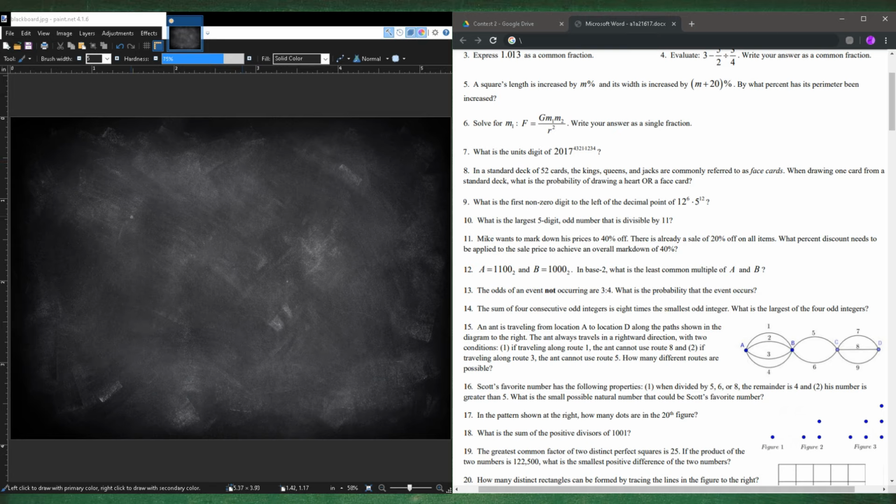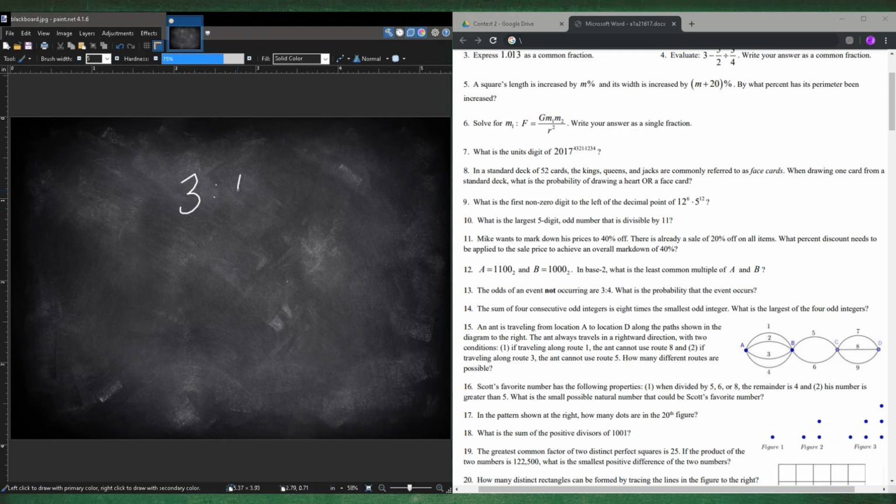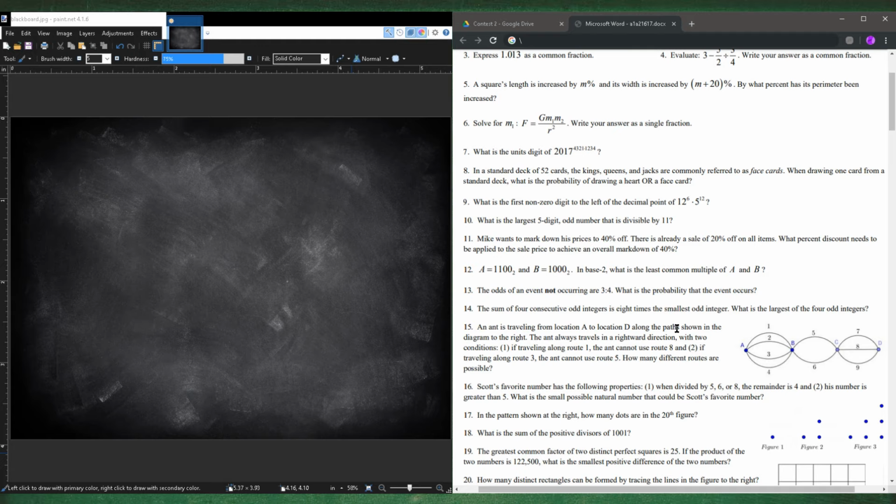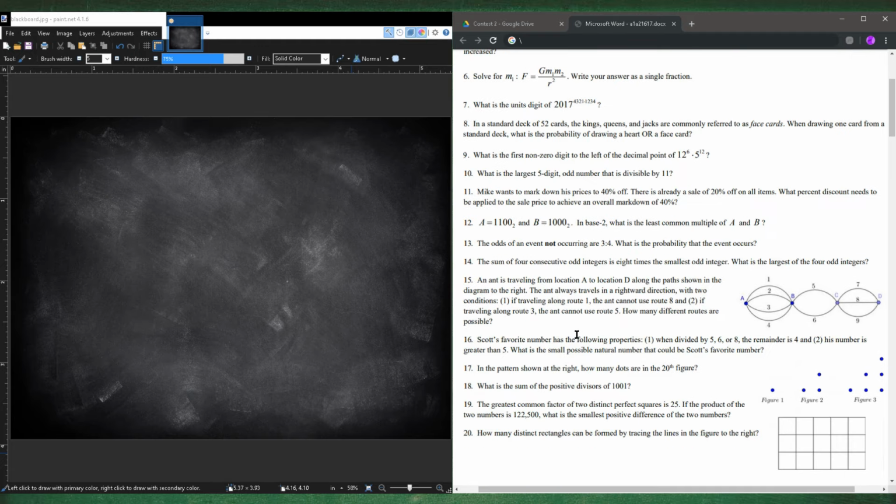Then the overall probability is out of 7, because 3 plus 4 is 7. And the probability that it occurs is 4, so the answer is just 4 over 7. Basically that simple. It might take you a little time just to reread it, because it's kind of a little strange, I guess.